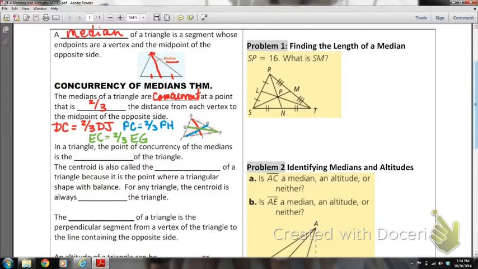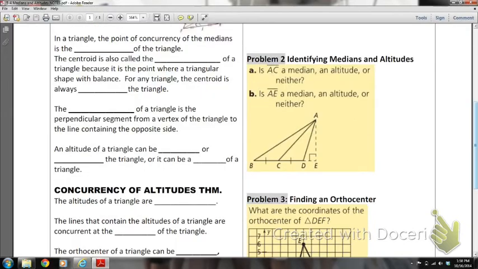Now that point where they meet has a special name. So let's go down to the next definition. We have several definitions in this lesson. So the next definition, that point of concurrency of the medians, that point where all of the medians meet, is called the centroid of the triangle.